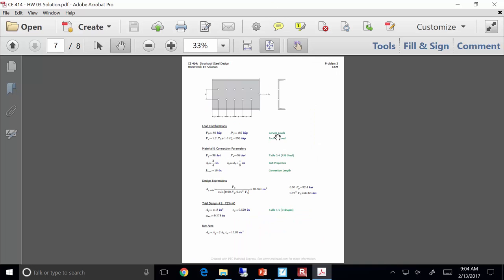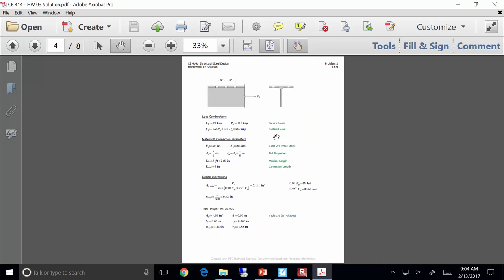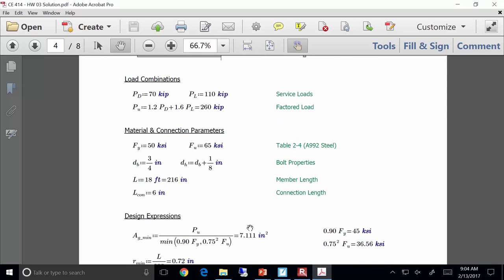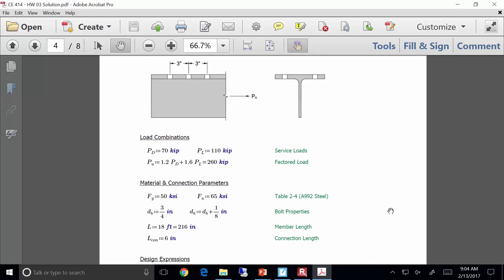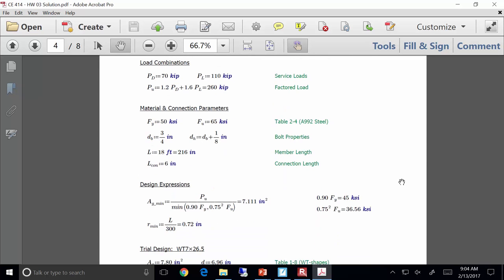Now, one other point I will mention, and I'm going to give you a copy of this on Wednesday, but on problem 2, going back to what I mentioned earlier. So here's problem 2. You have the WT section that you're designing. You go through and do your design expression, and you get an Ag min of 7.11 square inches. Does that sound familiar? Again, built based on assumptions, okay? We made guesses to develop that equation.